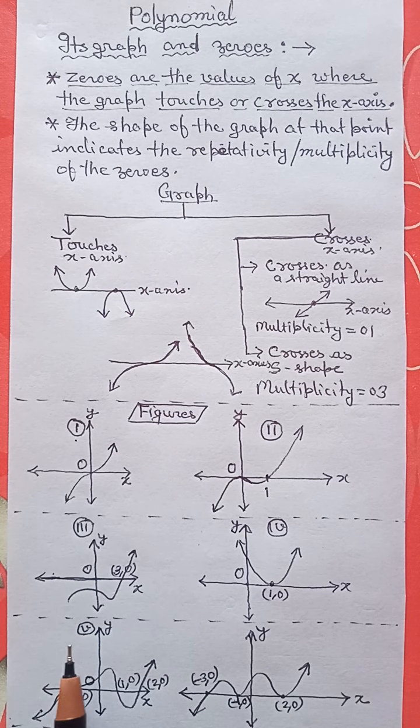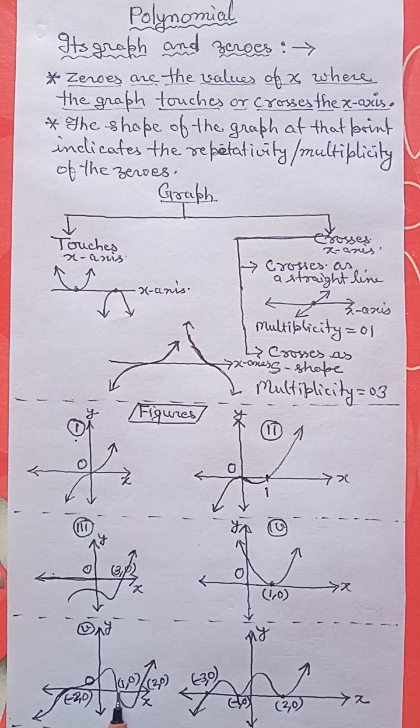Now let us look at the fifth figure. Here the graph is crossing the x-axis in the form of an S at the point (-2, 0). Therefore, -2 is a zero of the polynomial and its repetitivity is 3. That means -2 is repeated 3 times in the polynomial.